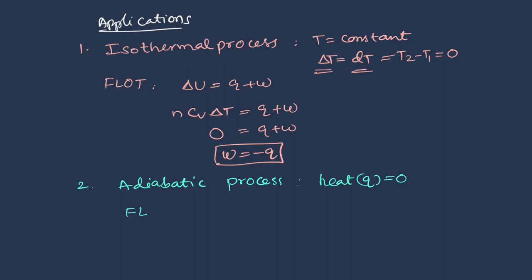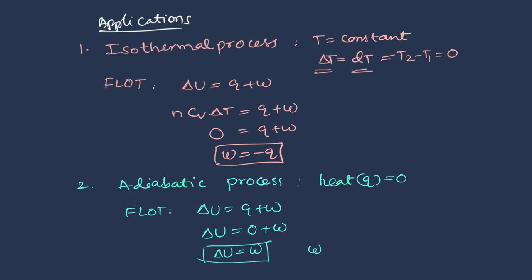Then by the first law, delta U is equal to Q plus W, so delta U is equal to 0 plus W. Therefore delta U is equal to W, and W equals n Cv delta T. Keep in mind that delta U is equal to work done in an adiabatic process.